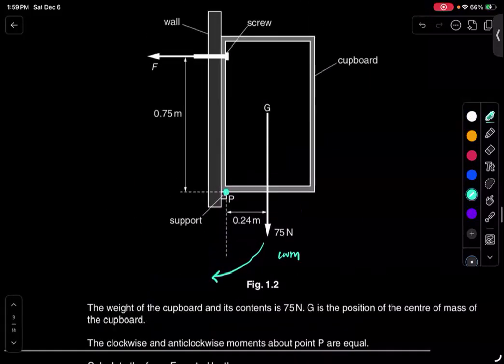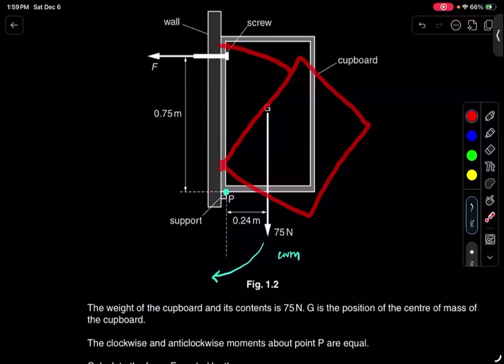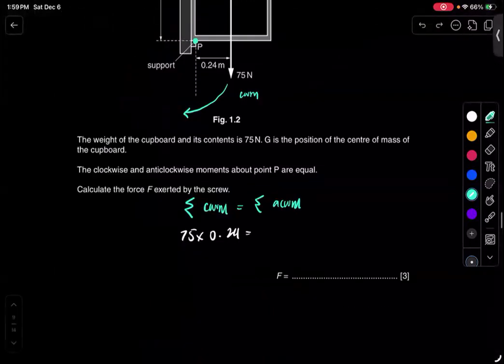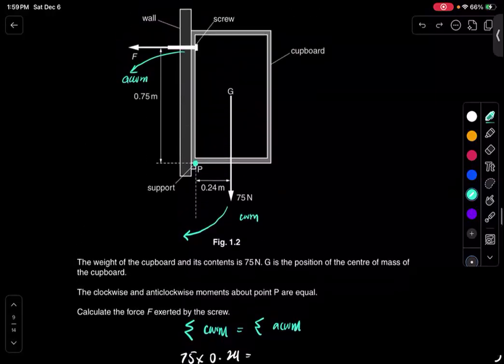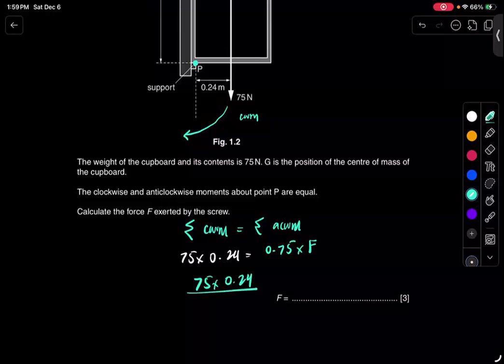Now, the screw is making sure that the cupboard does not fall down in that direction, right? The screw is holding it in this direction, so it is going to provide an anti-clockwise moment. But what is the distance from the pivot? It is actually 0.75, which is the perpendicular distance from the force. So 0.75 into F. So that means 75 into 0.24 divided by 0.75.